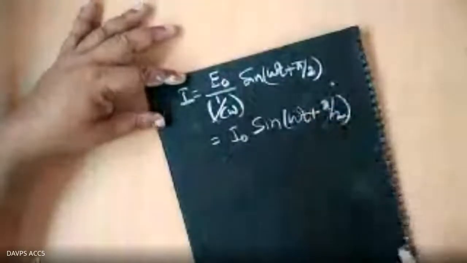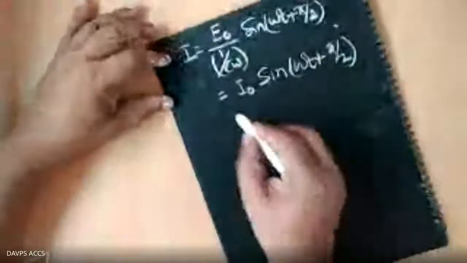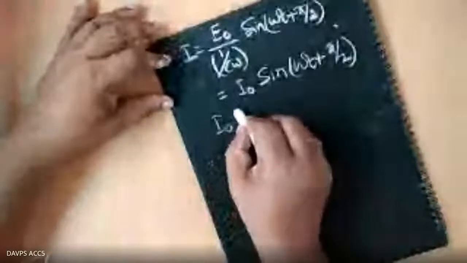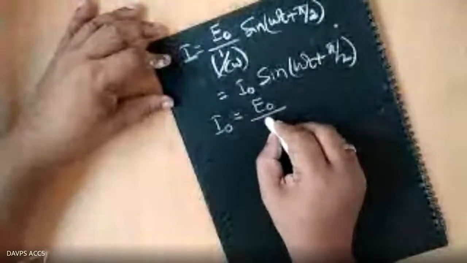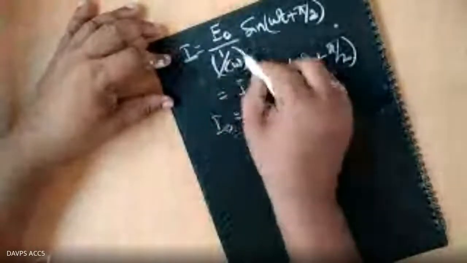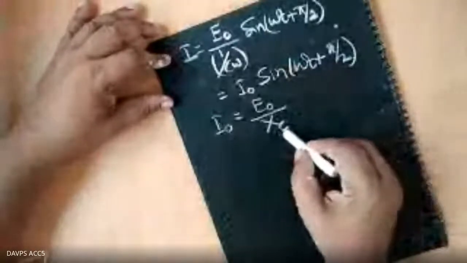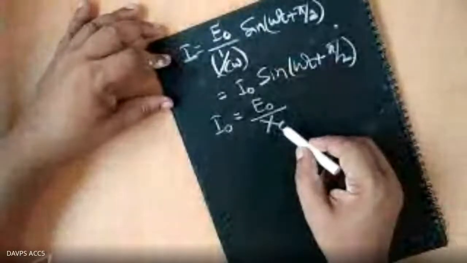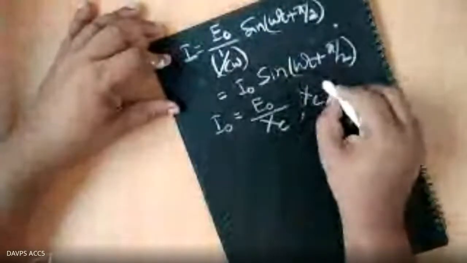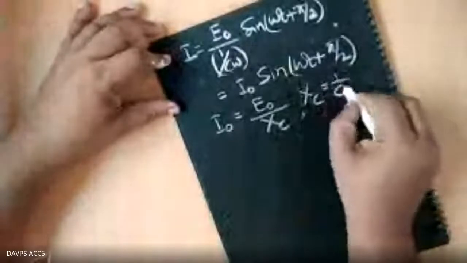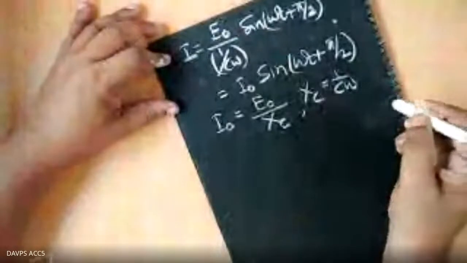So in place of I naught, you are getting E naught by XC, meaning capacitive reactance, where XC equal to 1 upon C omega.